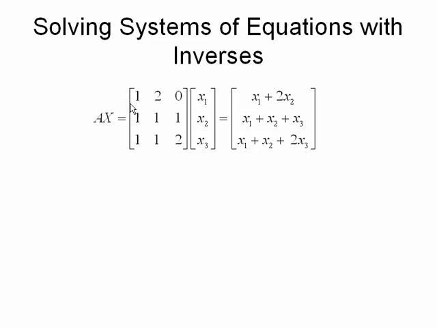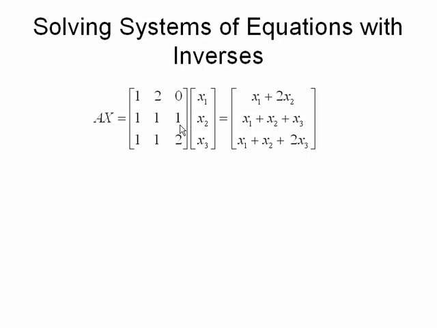So when I take the matrix 1, 2, 0 in the first row, 1, 1, 1 in the second, 1, 1, 2 in the third row, times the column matrix with x1, x2, x3, well, if I take the first row times the first column, I get 1x1 plus 2x2 plus 0x3, which just gives me x1 plus 2x2. What's a little bit different here is these actually have variables, so we can't simplify any further.